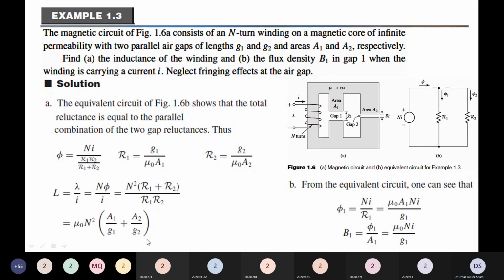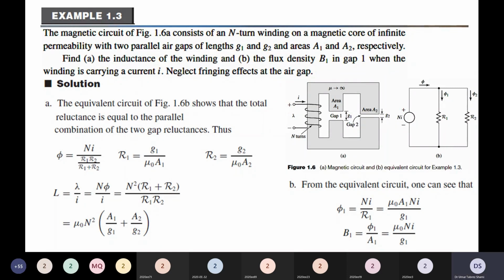Flux is N I over the total reluctance, giving N squared over the bracket R1 R2 divided by R1 plus R2, and therefore the inductance becomes mu naught into N squared, bracket, area 1 over G1 plus area 2 over G2. So this is the inductance of the given magnetic circuit.